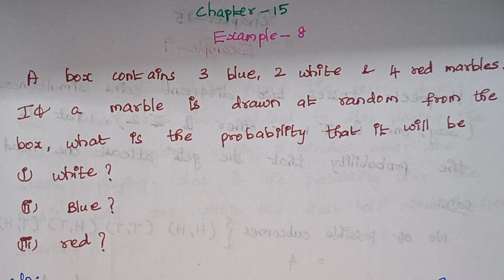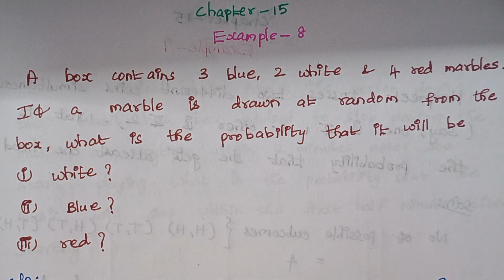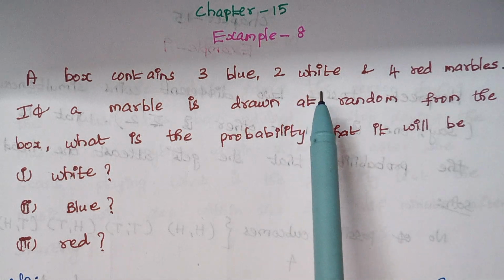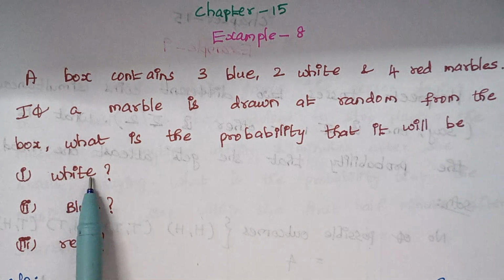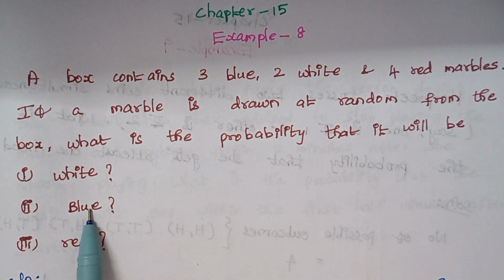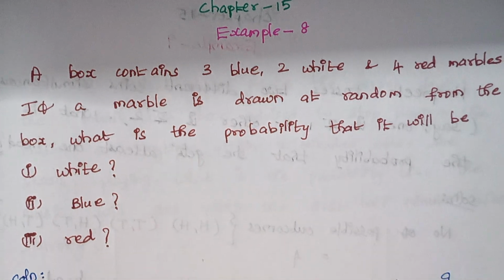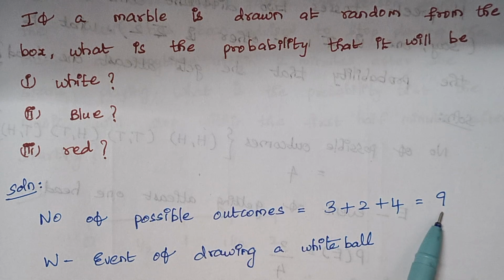Totally we are having 9 marbles. Out of 9 marbles, we are going to find the probability of selecting a white marble, a blue marble, and finally a red marble. So the number of possible outcomes is 3 plus 2 plus 4, which is 9.